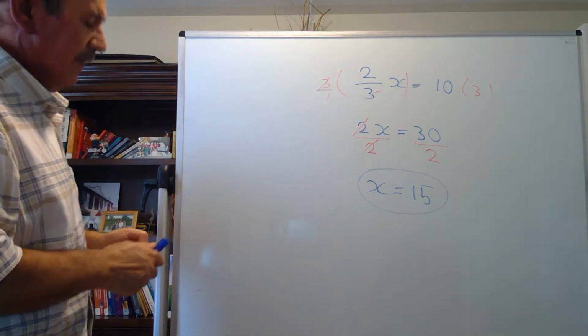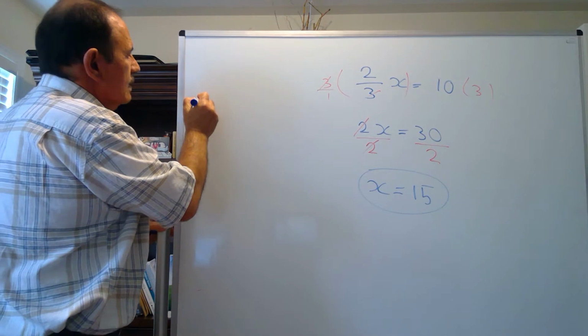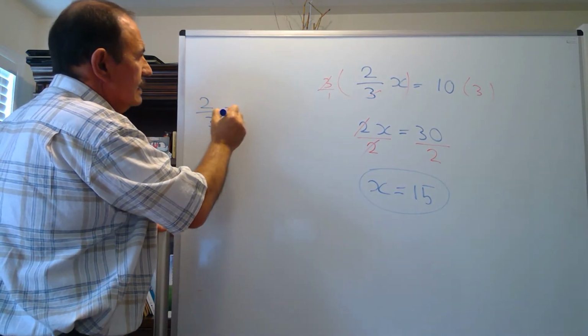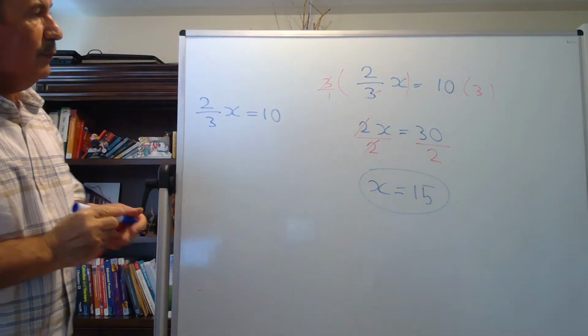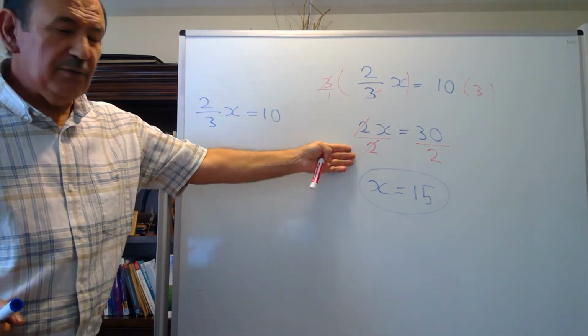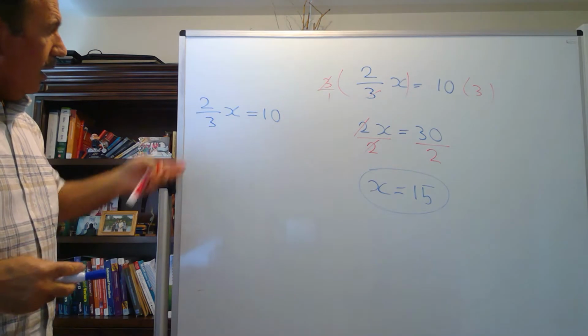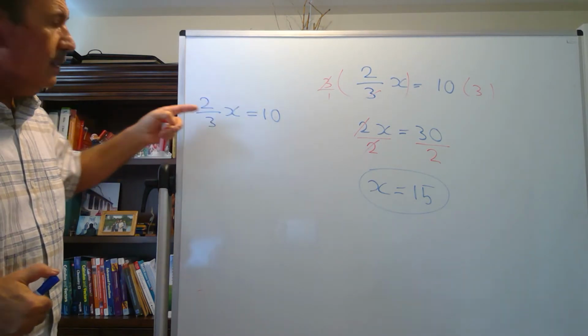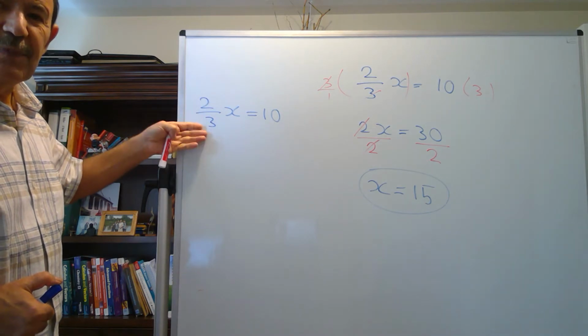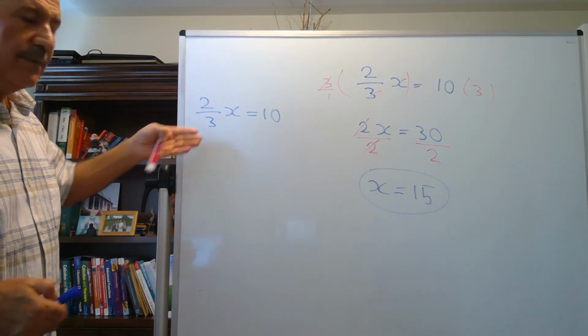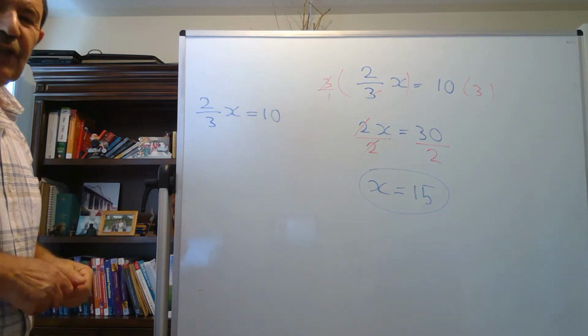Look at this one. It was 2 over 3 x equal 10. Instead of multiplying by 3 in one step and dividing by 2 in another step, I just multiply both sides by the reciprocal of this coefficient, the reciprocal of this fraction. What is the reciprocal? The reciprocal of 2 over 3 is 3 over 2.